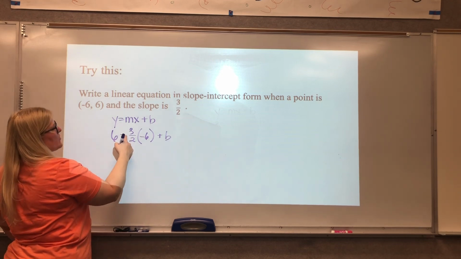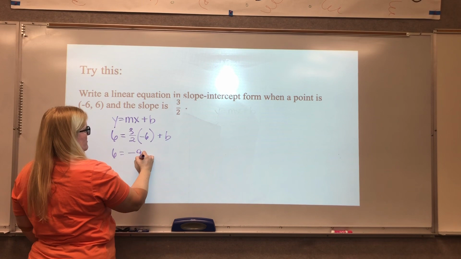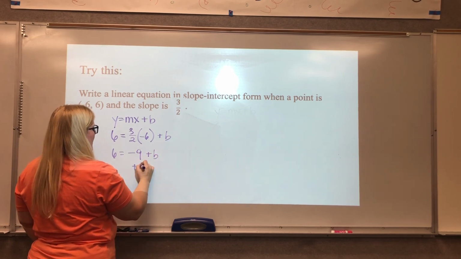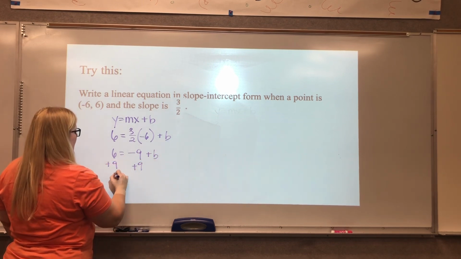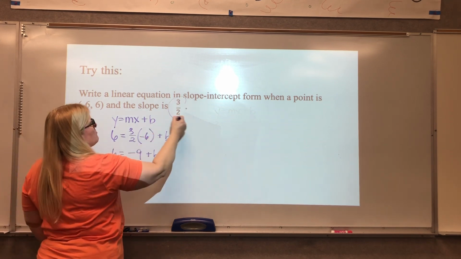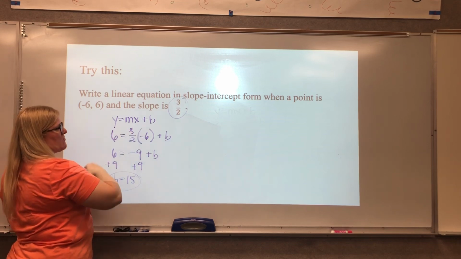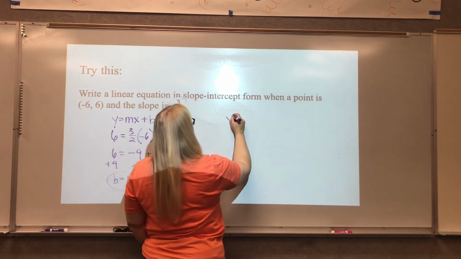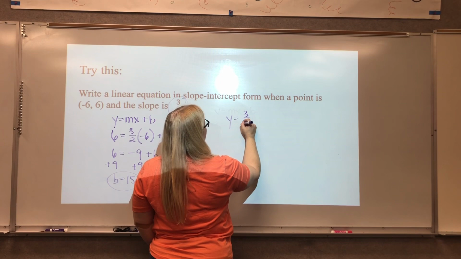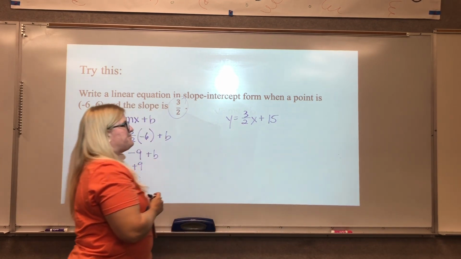All right, so 3/2 times -6 is actually -9. Plus b, I'm going to add 9 to both sides, and I get b equals 15. So y equals 3/2 x plus 15.